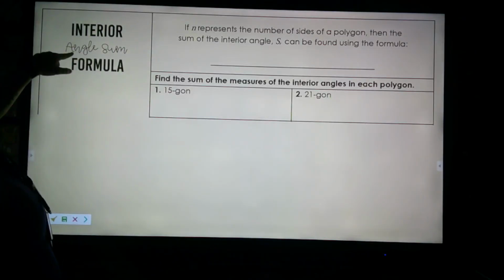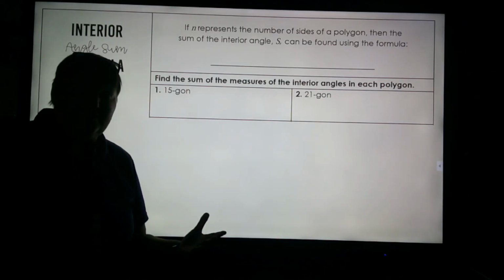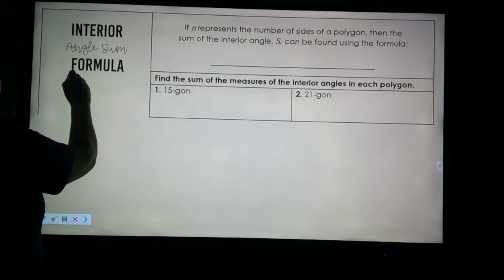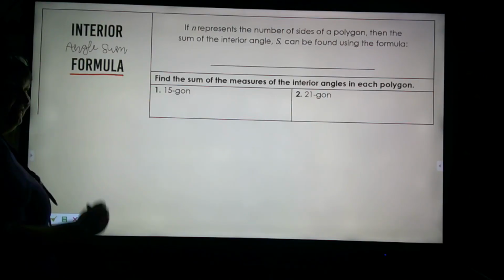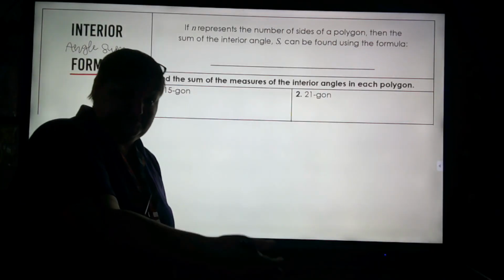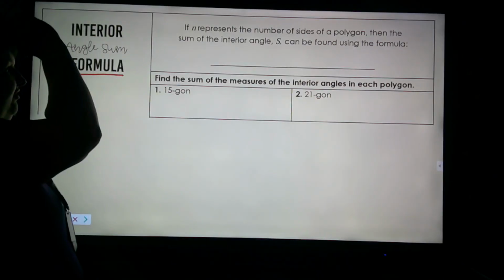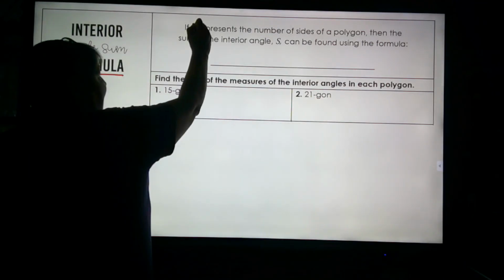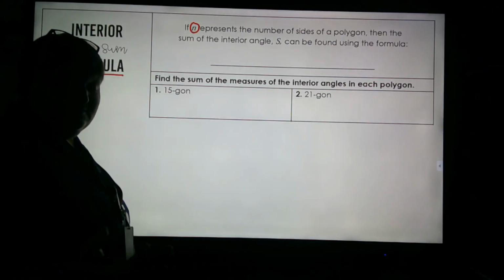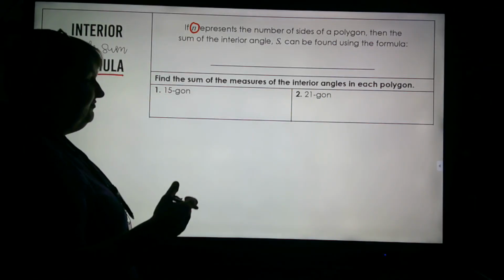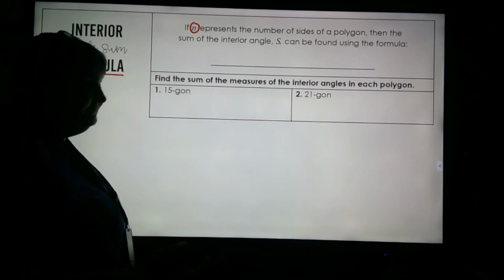All right, interior angle sum formula. Once we figure out the pattern, we can use it to create a formula that can be used with all shapes. Right? All right, so if n represents the number of sides, 3 sides on a triangle, 4 sides on a quadrilateral, right?